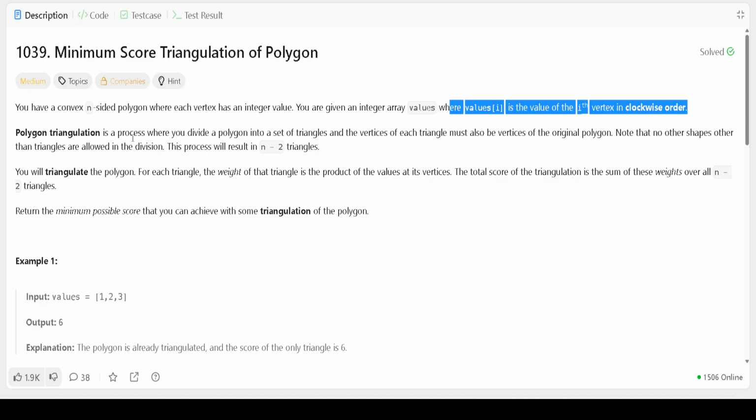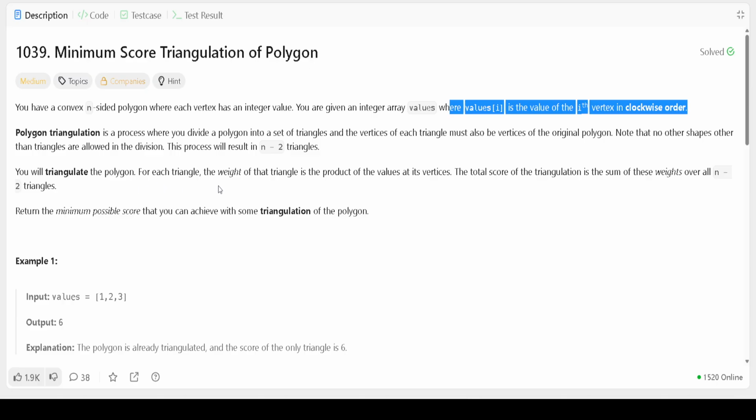Polygon triangulation is a process where you divide a polygon into a set of triangles, and the vertices of each triangle must also be vertices of the original polygon. Note that no shape other than triangles is allowed in the division. This process results in n-2 triangles.